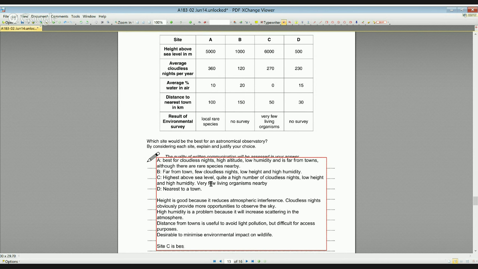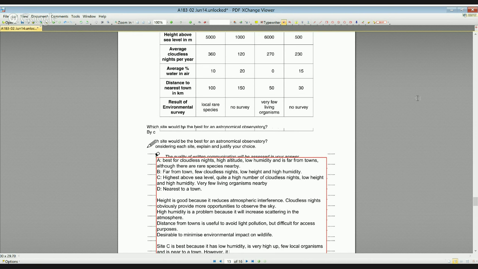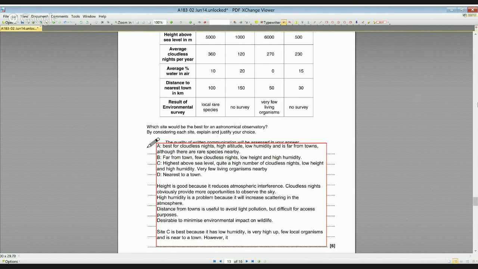Site C is best because it has low humidity, is very high up, few local organisms, and is near to a town. Also, it has many cloudless nights.